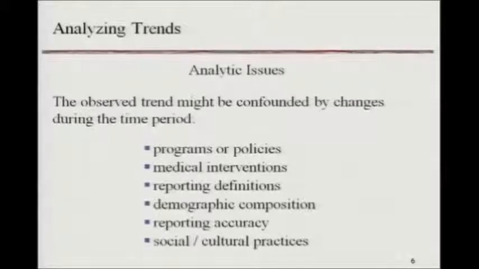So it's just thinking about all of those things, or thinking about policy or program changes that happen, always questioning when you're looking at trend data, do you need to, in a typical analytic way that we would do in any analysis, think about confounding and effect modification?